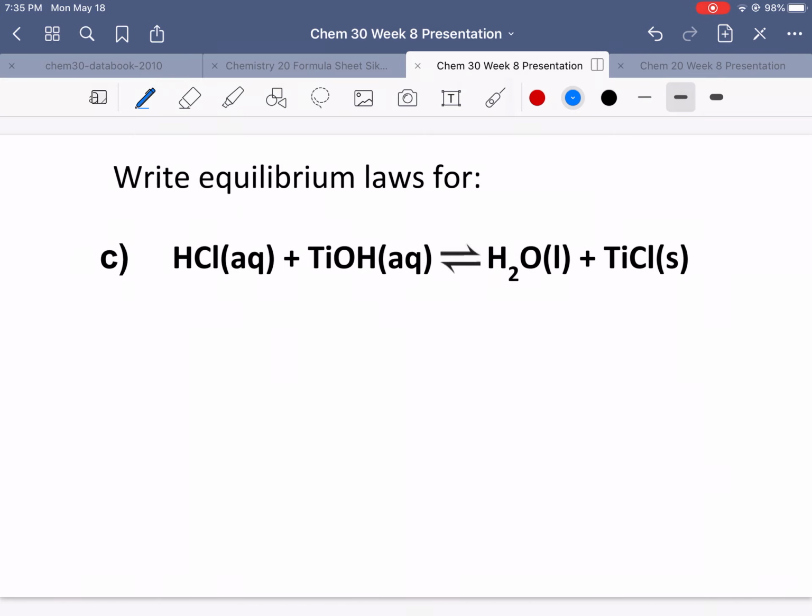Check out the last one. Same process. Aqueous is a part of it. Liquid, no. Solid pure substance, no. Gone and gone. Therefore, my products, I don't include either of them.